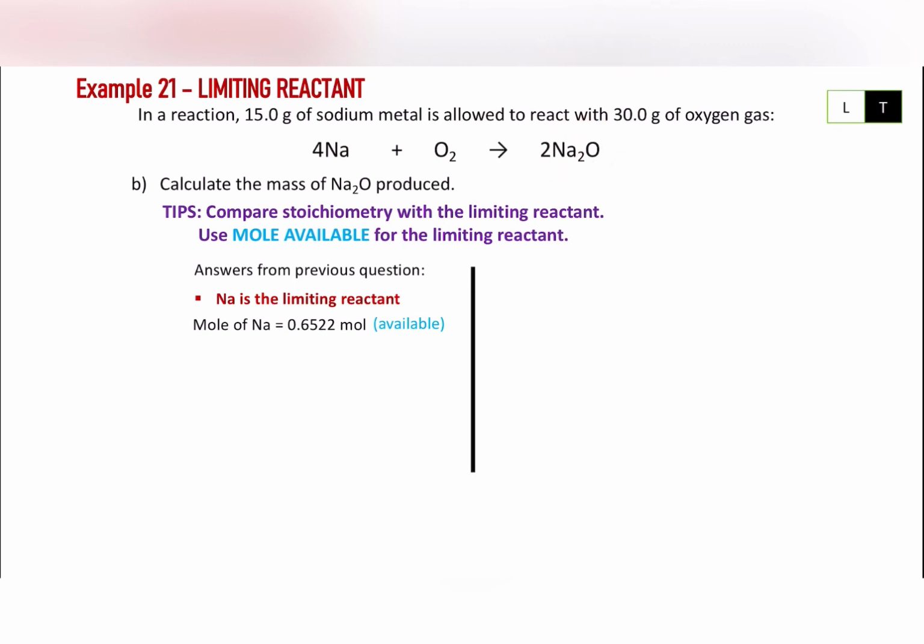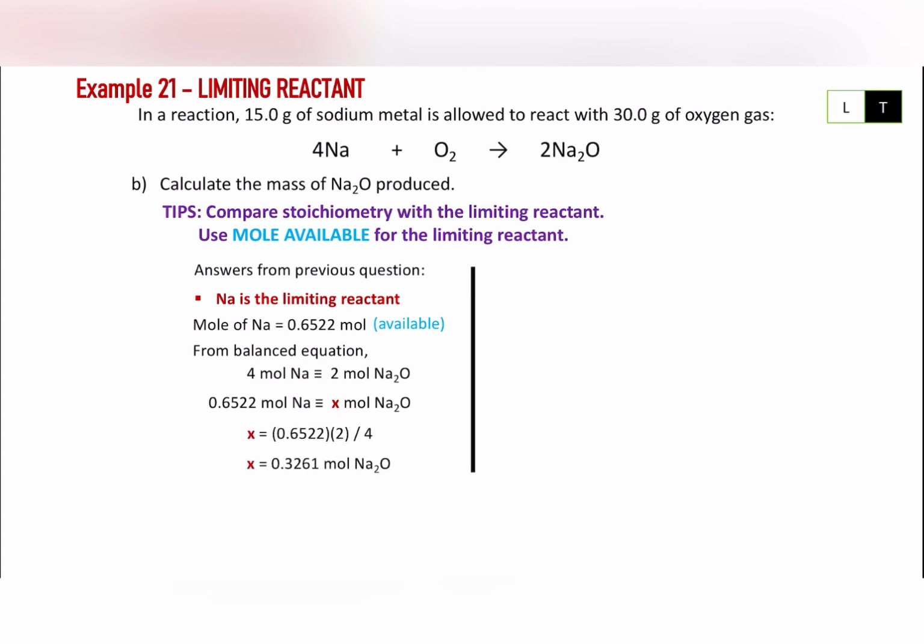So let's continue with my stoichiometry. From balance equation, I have 4 mole Na produce 2 mole of Na2O. So the one that I have is mole available, X is the one that I want to find out, mole needed. So rearrange, you will have 0.3261 mole of Na2O. So this is mole for your product.